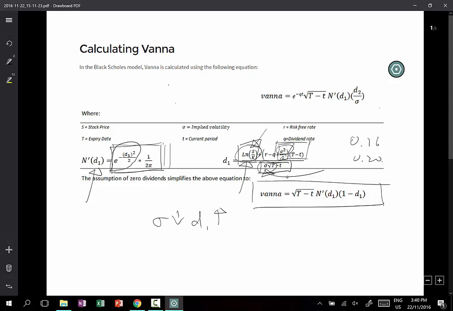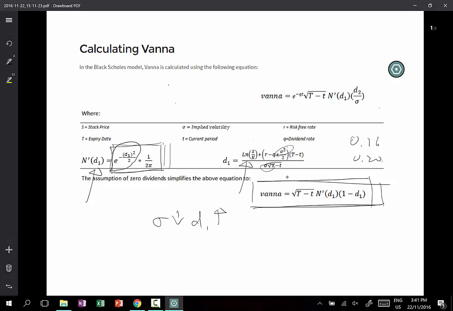For options, let's say for stocks where there is no dividend, you can actually define it by this formula here, which is N'(d1) times (1 minus d1). Now, first of all, you have to get an appreciation of what d1 is, which is this term here. So there's a sigma here, and there's a sigma here, and then N'(d1) is just e to the minus d1 squared over 2, times 1 over the square root of 2 pi.